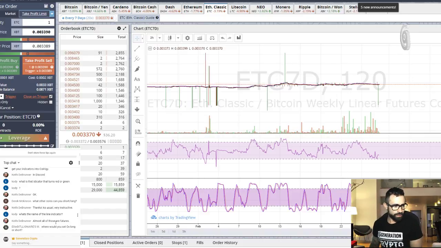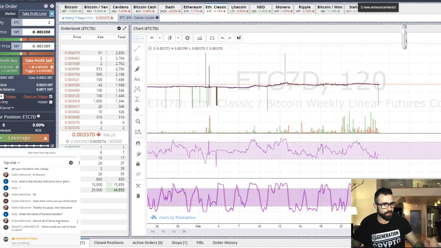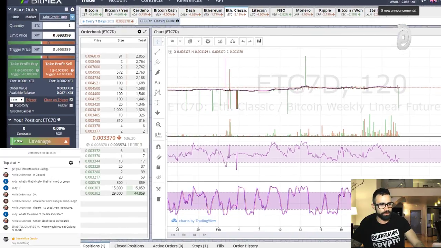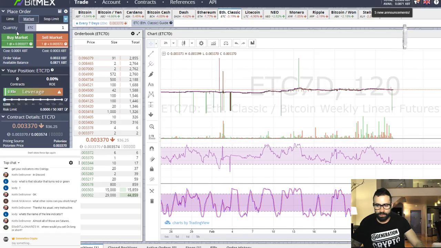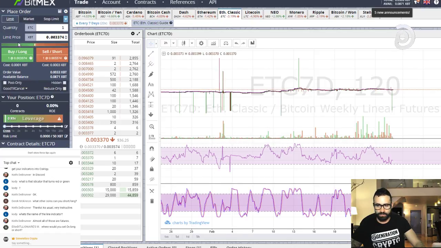Where would you set it to long or short? That is going to be in the trade panel. If I wanted to open a long or a short, it would be either a market order sell short or a limit order sell short, and this is the leverage.